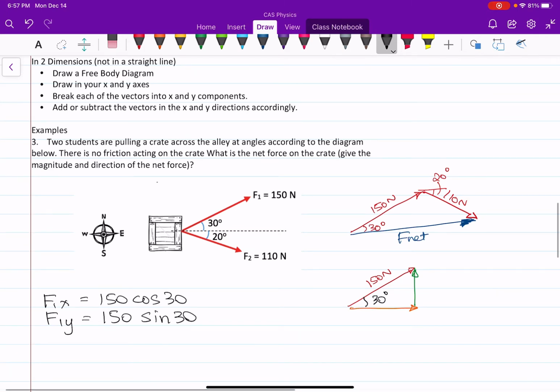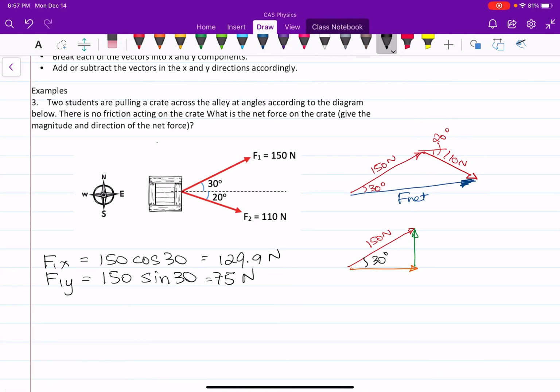Then you can find those numbers. So 150 cos 30 is 129.9 newtons, and then 150 times sine 30 is 75 newtons.